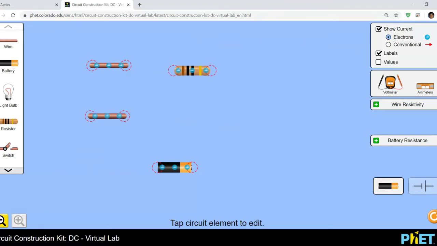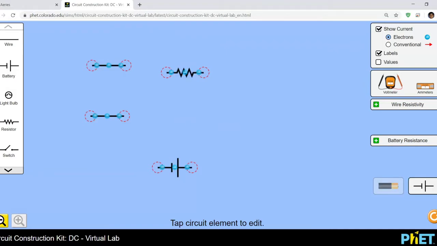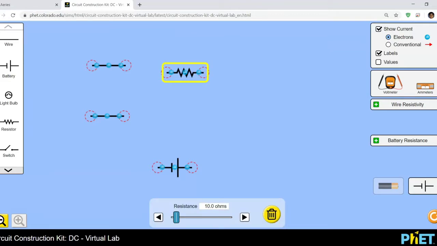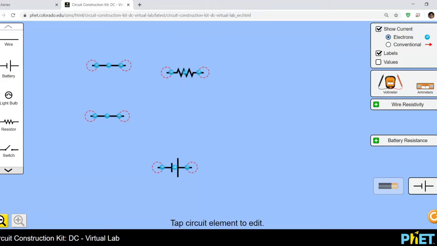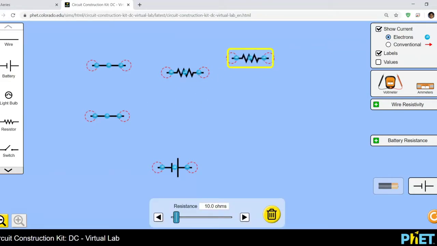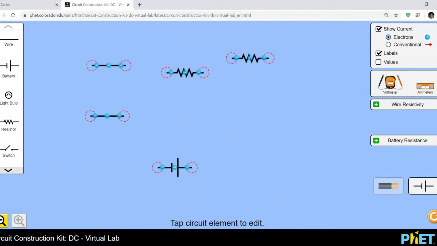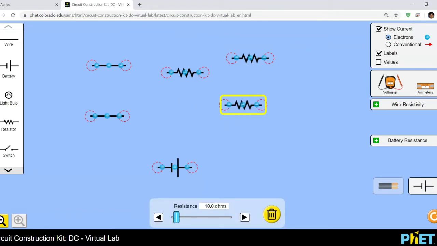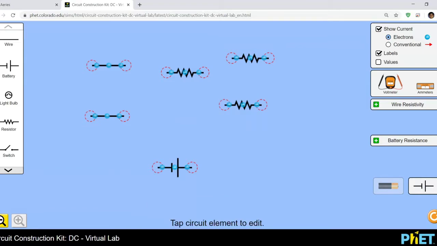Here are our resistors. Let's do it in diagram mode. So here's our resistor, 10, that's good to go. We'll make this one 33. And we'll make this one 56.